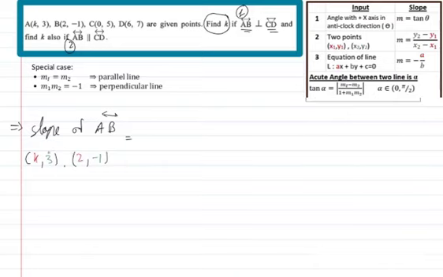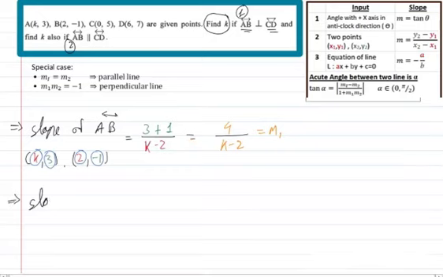So let's take the difference of y, 3 minus -1, or we can say 3 plus 1, upon the difference of x, k minus 2. So the slope of AB will be 4 upon k minus 2. It will be slope M1.